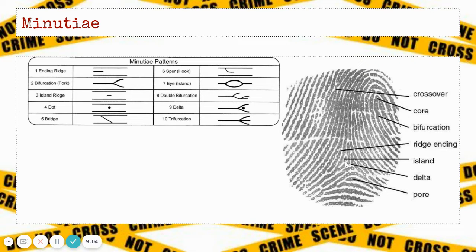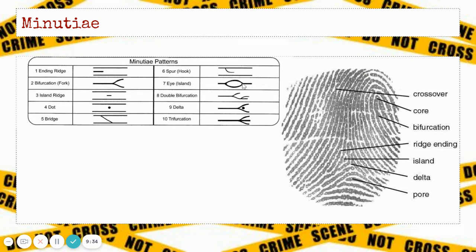An island ridge is just a small section. It's similar to a dot. An island ridge is usually a little bit bigger. A dot is just going to literally be a single point, but it's kind of by itself between 2 other ridges. You could have a bridge. A bridge would be when there's a small section connecting 2 different ridges. A spur or a hook, that one's pretty straightforward. An eye, which some people call an island.